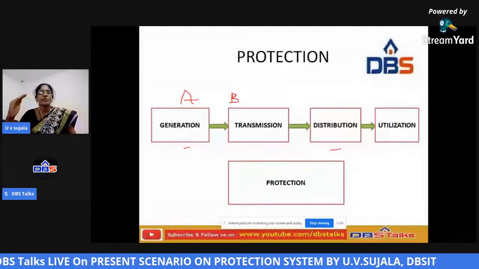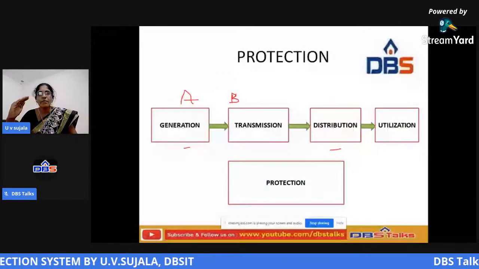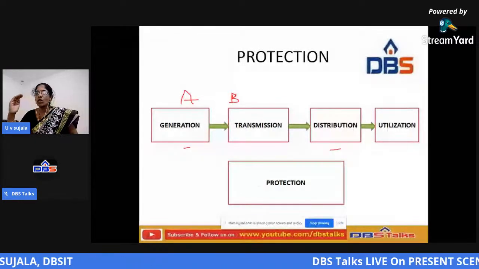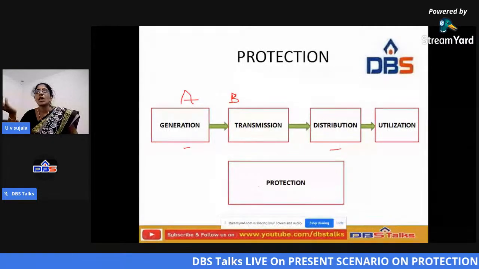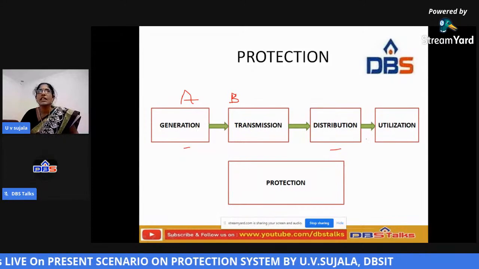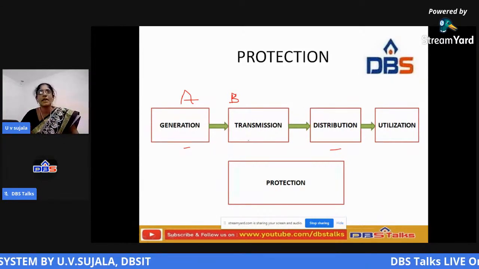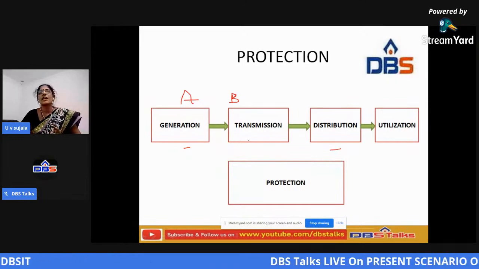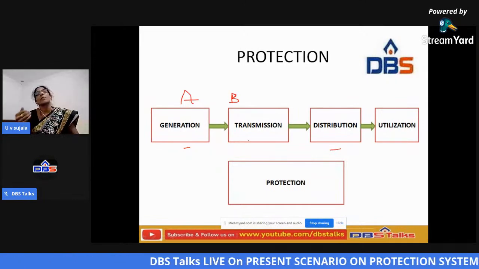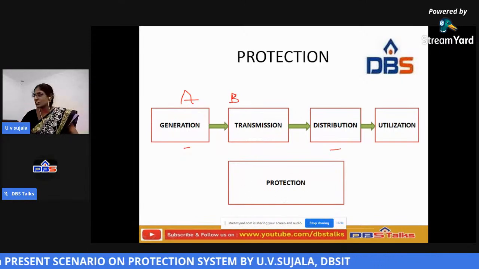Reliability is required to protect the system from damage and abnormal conditions. That means there are severe faults. If there is a fault in the transmission line or a transformer, then the total continuity of the supply will be off. From that point of view, we need the protection.